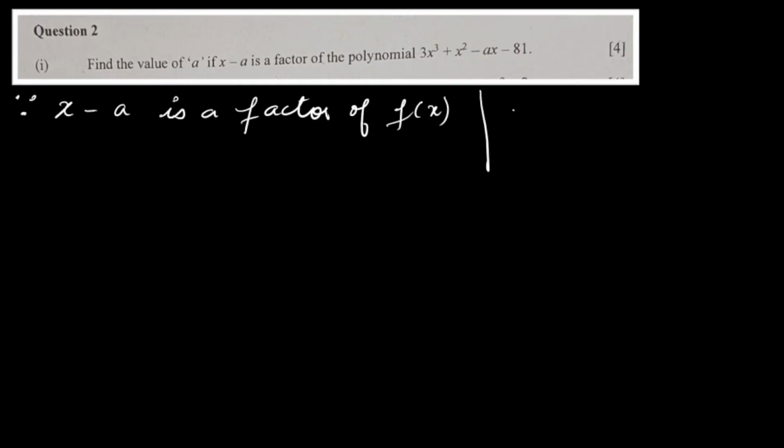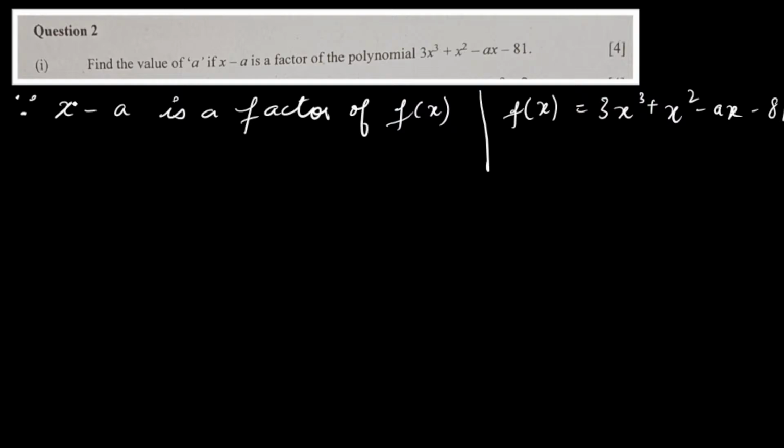What's given to us? Find the value of a. If x minus a is a factor of the polynomial 3x cube plus x square minus ax minus 81, we have to find the value of a. Since x minus a is a factor of f(x), f(x) is the given polynomial: f(x) equals 3x cube plus x square minus ax minus 81.